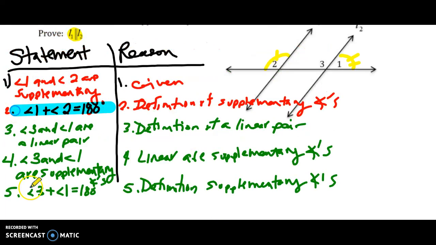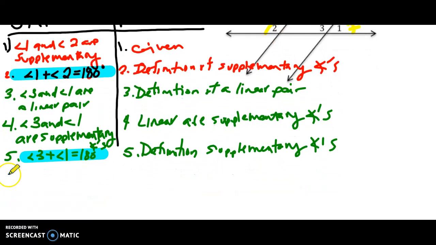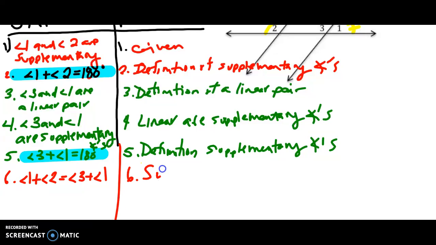Here's one, here's the other. So I can set them equal to each other since they both equal the same thing. So 6, angle 1 plus angle 2 equals angle 3 plus angle 1. Substitution. I'm replacing 180 in each of them with their appropriate equivalent.